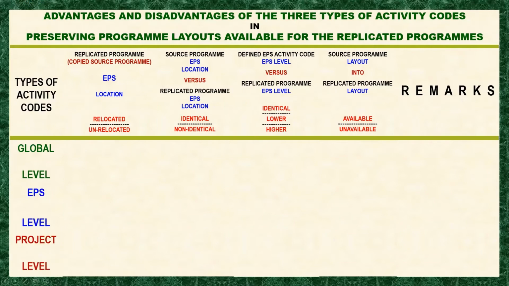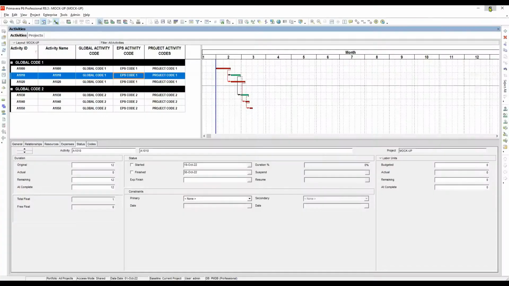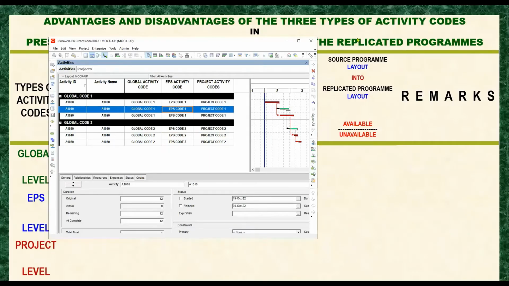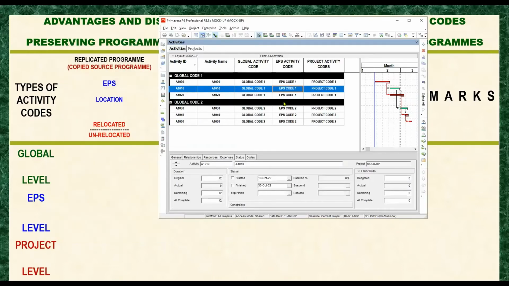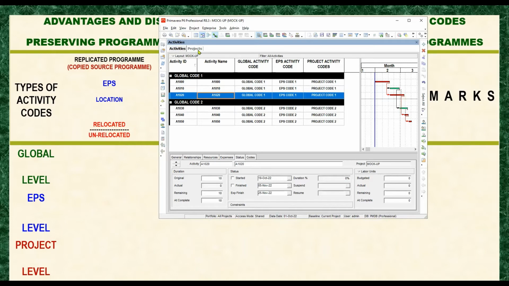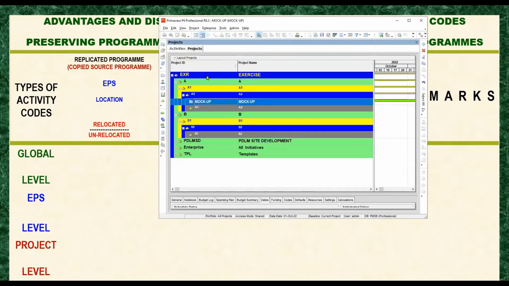Okay, let's put our Primavera side by side. Here we can see our EPS, the enterprise project structure. We can see our project here is under the level A2 of EPSA.